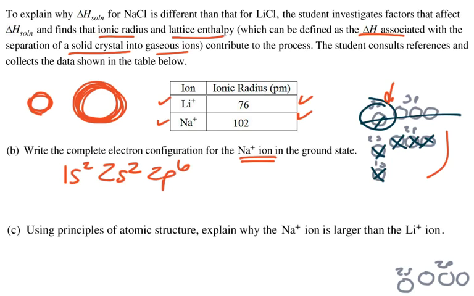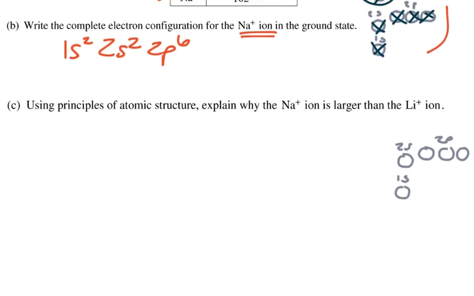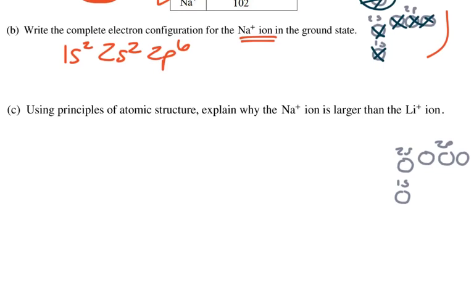Okay, using principles of atomic structure, explain why the sodium ion is larger than the lithium ion. Well, if we did the same thing for lithium, lithium has 3 electrons, 1s2, 2s1, and that's the one that's going to be lost. So it would just be 1s2 for the ion there.